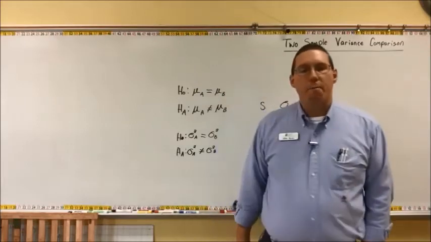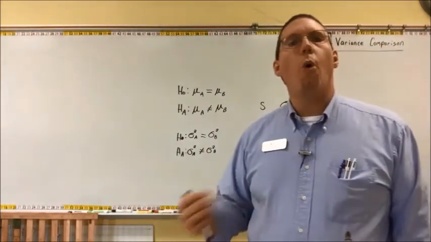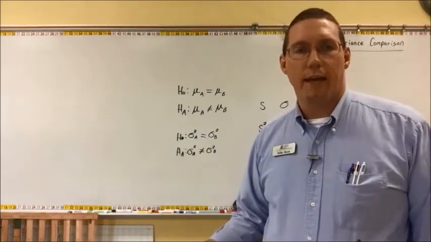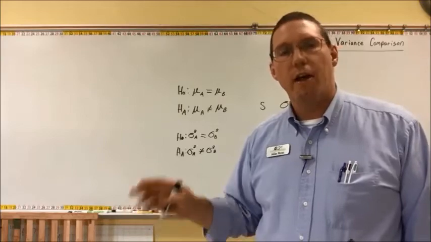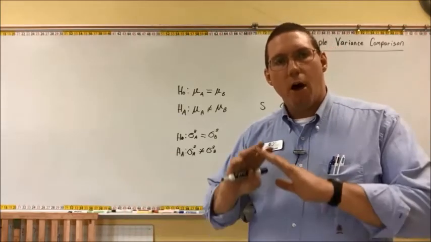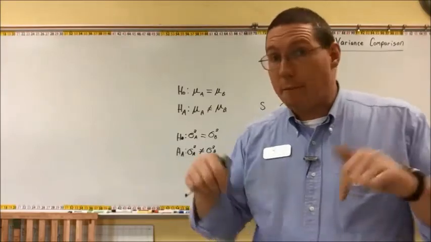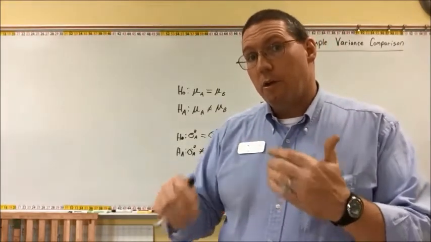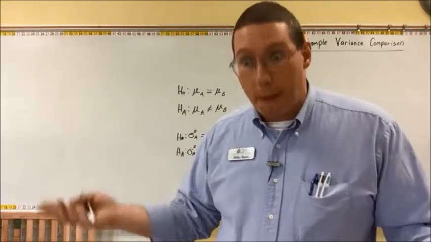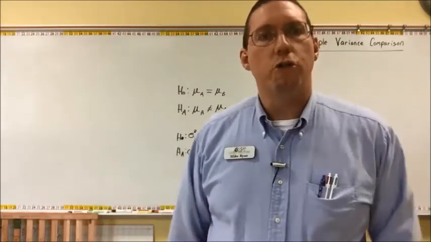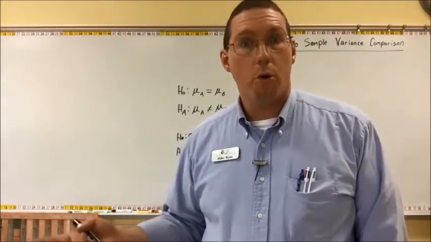Now, in this particular test, this F test that we're doing, we are only going to do a two-tailed test. We're not going to have a hypothesis where it's greater than or less than. For this particular test, and when I say always, I mean always for this class. When you get to intermediate statistics, sure, you could do a test where you hypothesize that the variance is greater than or less than.